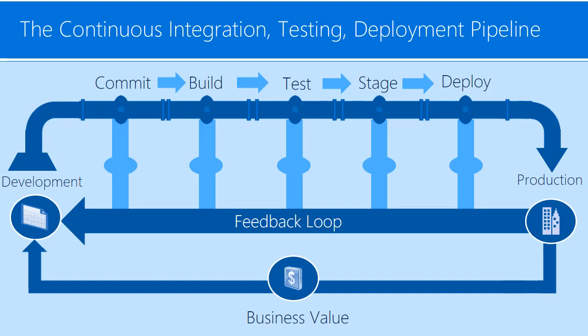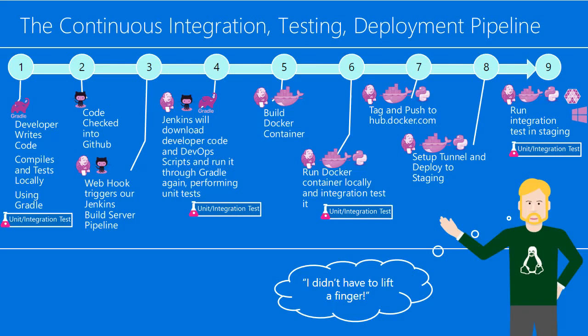We talked about that early in this course or in this presentation, and you can see now that continuous integration and continuous delivery is really the way modern companies are moving forward. So what you're looking at here are 9 steps that comprise the DevOps pipeline. Now, the way this typically works is it's 100% automated.